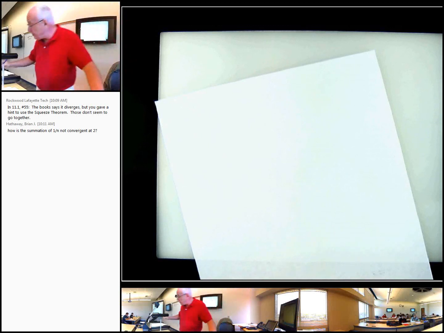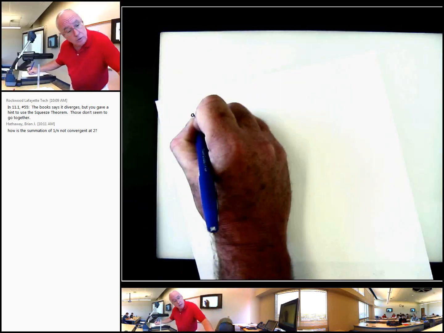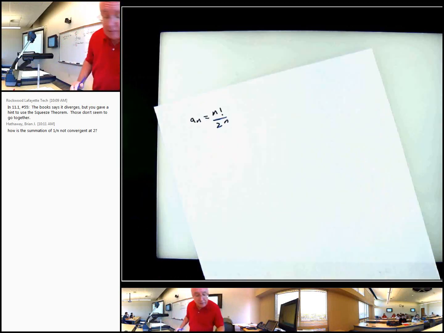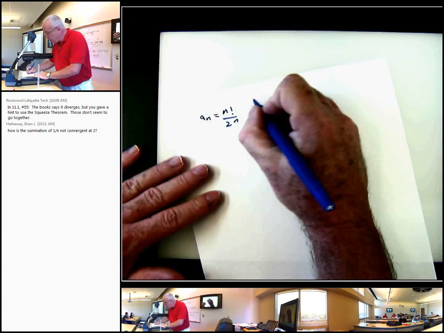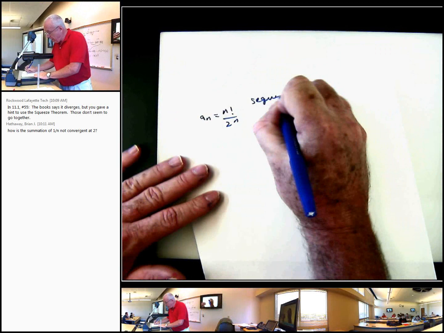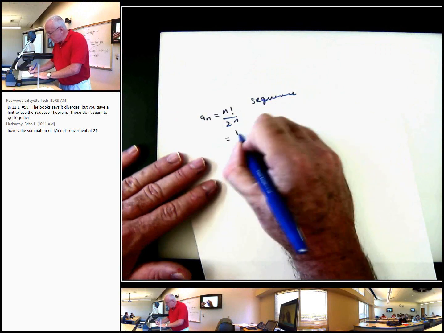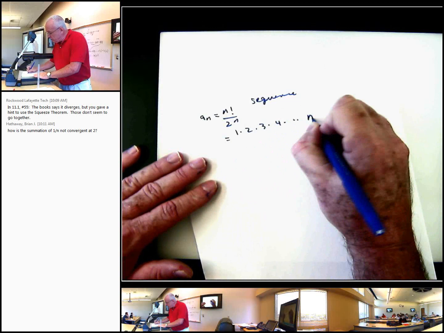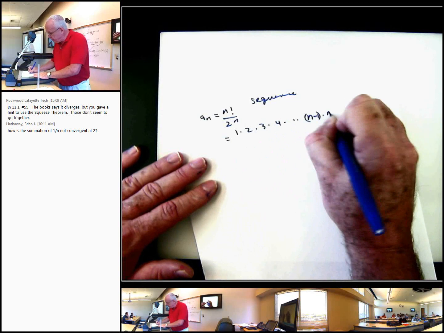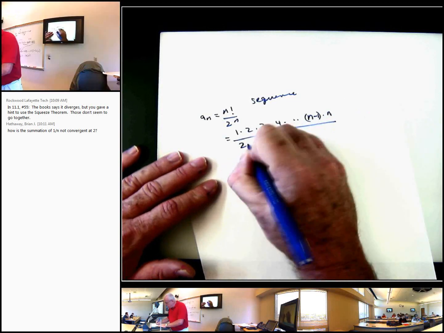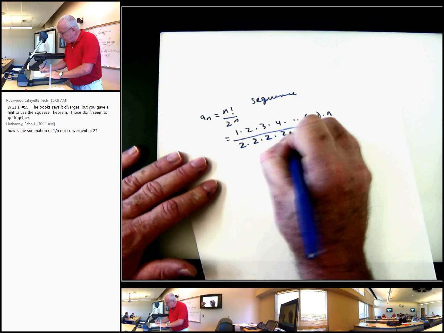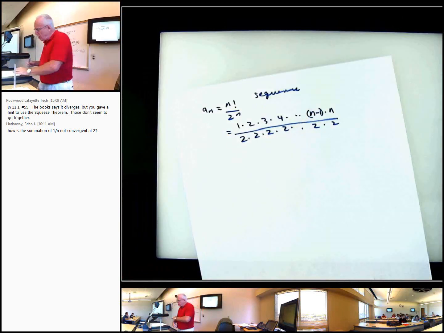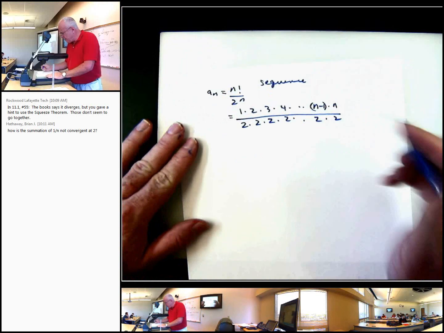All right, so we have a_n equals n factorial over 2 to the n, and this is a sequence. Okay, so this is 1 times 2 times 3 times 4 times n minus 1 times n over 2 times 2 times 2 times 2 times n. So what do we have here?